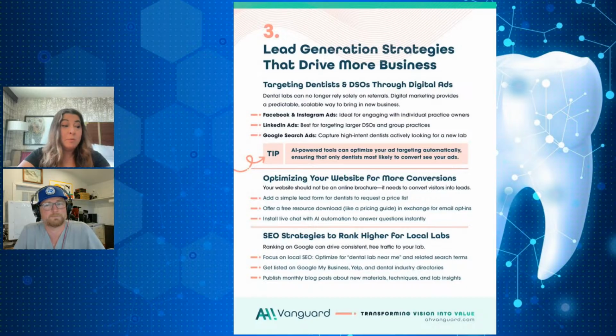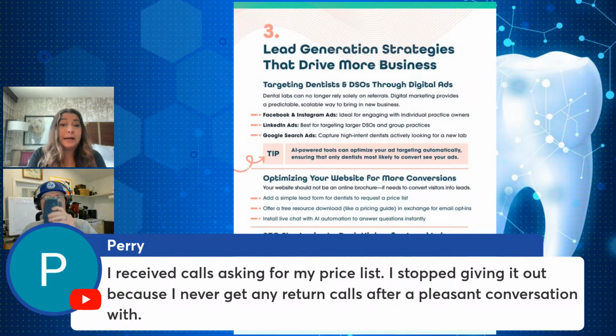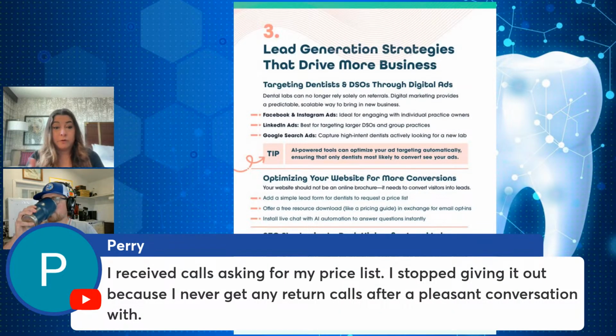But here's a tidbit for Perry though, because essentially he says I give them the price list and they ghost me, they never return my call. Well, again, put yourself in other people's shoes. They're busy, they forget, maybe they lost the price list, maybe they accidentally deleted the email. But if you have them in your database, then you can follow up. Automate an email follow up: I haven't heard from you, 24 hours later or 48 hours later, whatever delay metric you want to put on there.